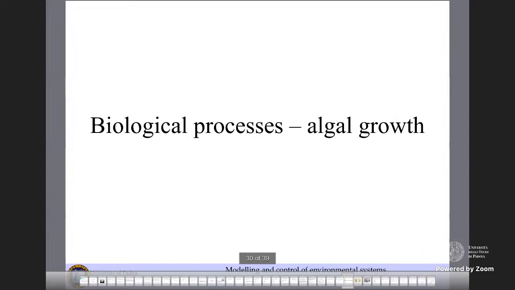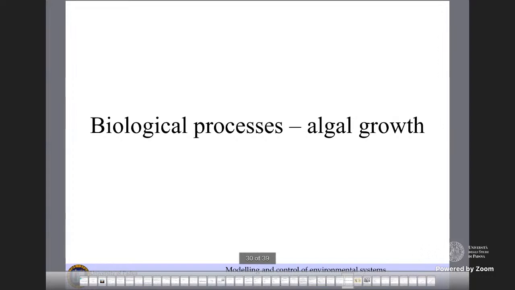So the last topic of the class of environmental modeling is related to biological processes, and in particular, we shall introduce our application for modeling algal growth.